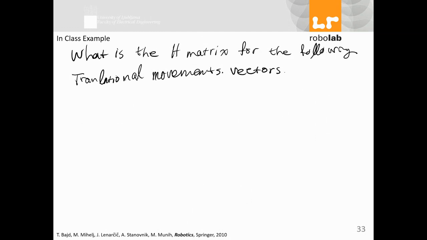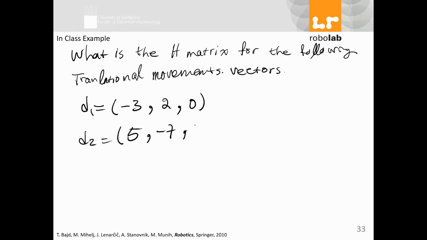So I want to move, and my displacement is d1, d2, d3, with different numbers: -3, 5, -7, and the last row 0, 0, 0. Okay, let's do a very simple example.